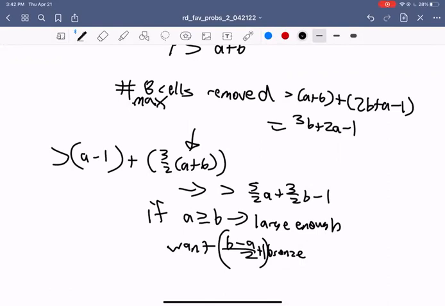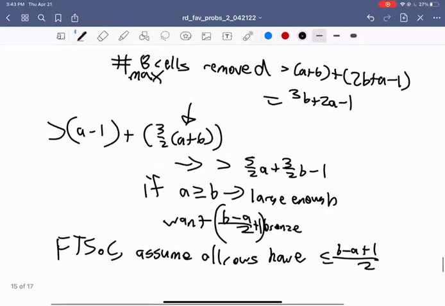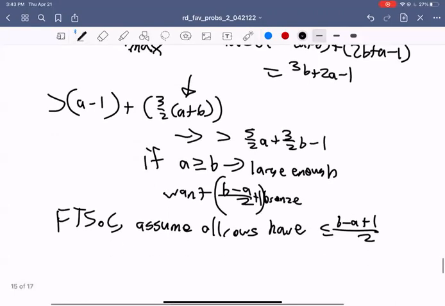We have that for the sake of contradiction, assume all rows have at most B minus A plus 1 over 2. And I move the plus 1 up because we want things to have strictly less than this for the sake of contradiction.